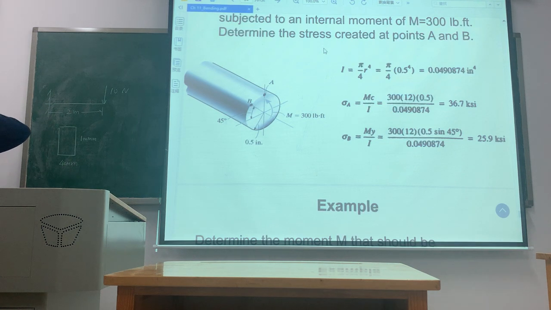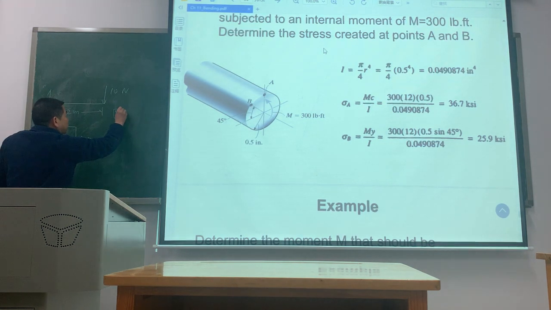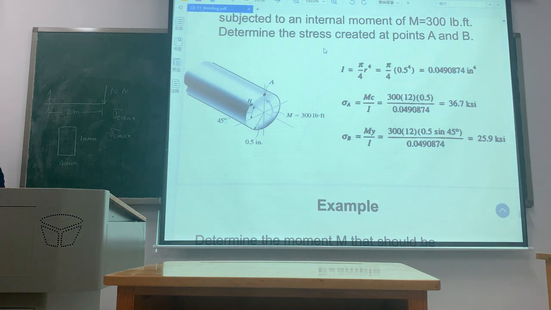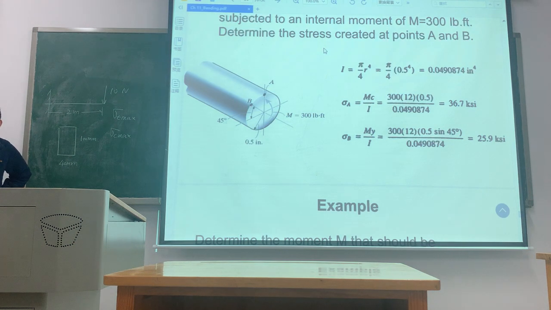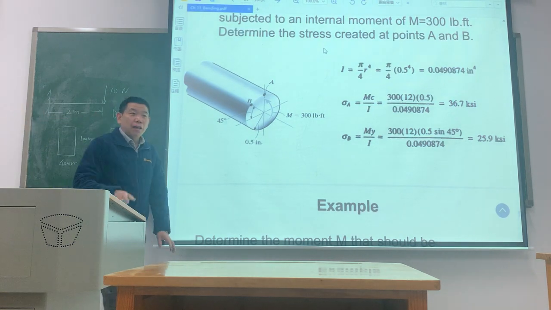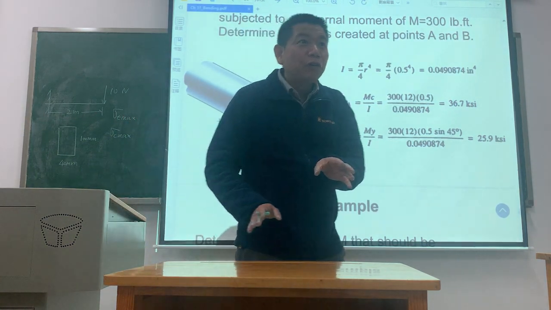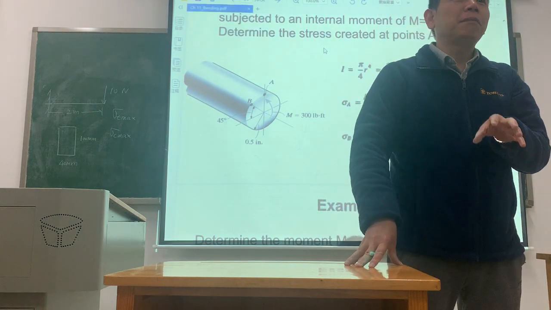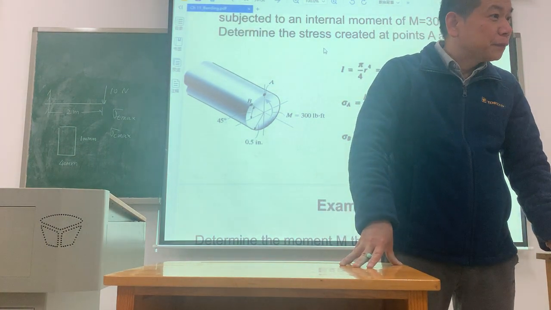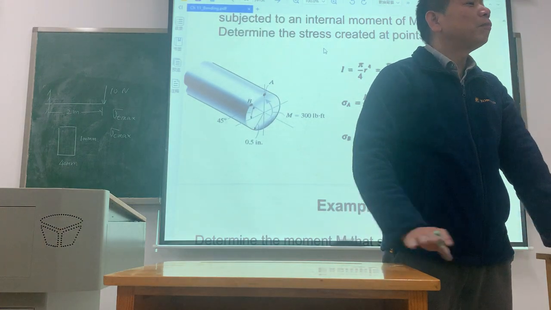I ask you to find the sigma T max and sigma C max in the beam. You can try. At first, you have to know where the maximum bending moment is.